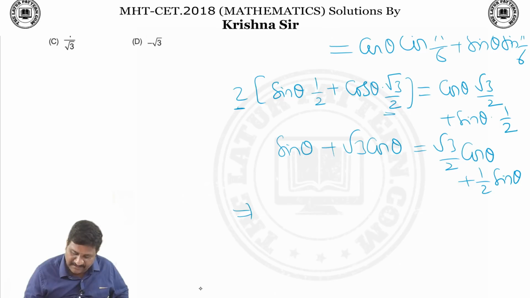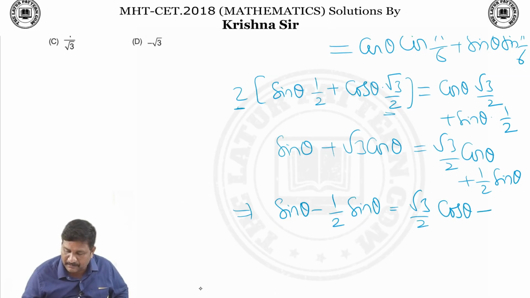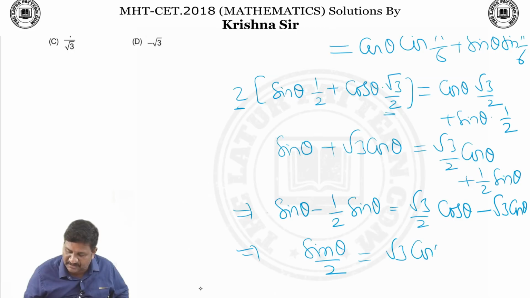Now you take sin theta on this side, so sin theta minus 1 by 2 sin theta, and on the other side, root 3 by 2 cos theta minus root 3 cos theta. So 2 sin theta minus 1 sin theta is sin theta by 2, and root 3 cos theta minus 2 root 3 cos theta upon 2.